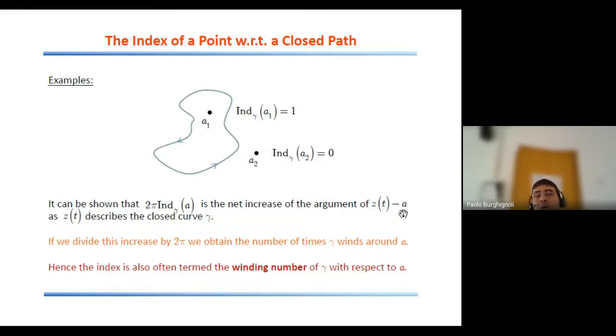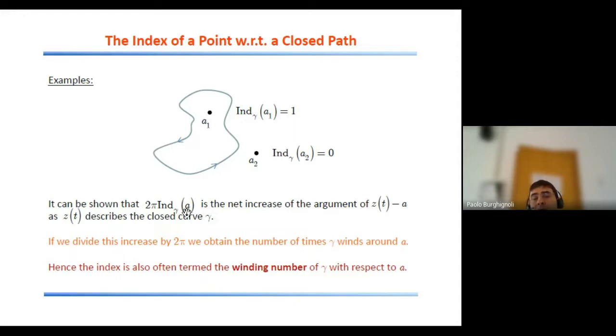Okay, well, this vector changes its orientation and its angle with respect to the positive x-axis, so it varies. And in general, if you perform an entire tour around your closed curve, this angle will increase. So that's the net increase of the argument of this complex number.